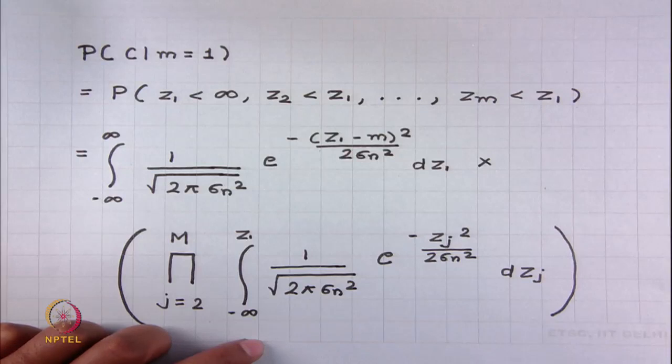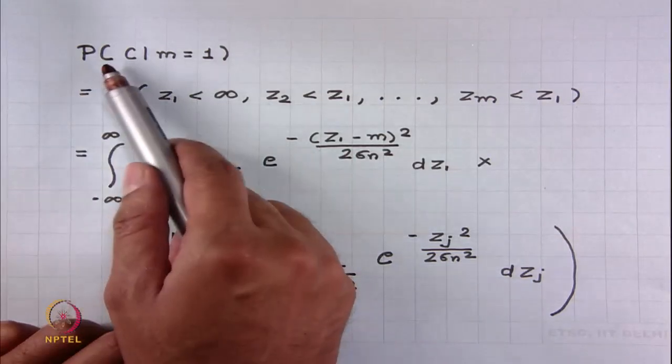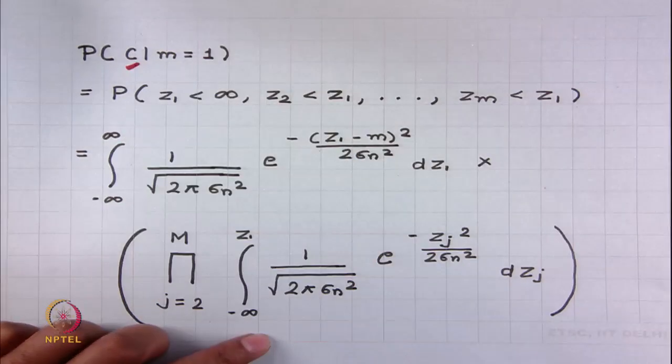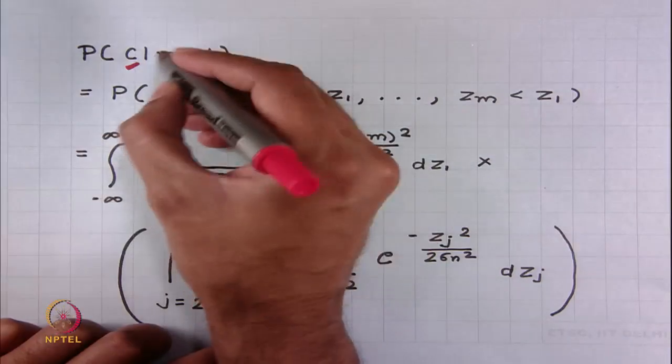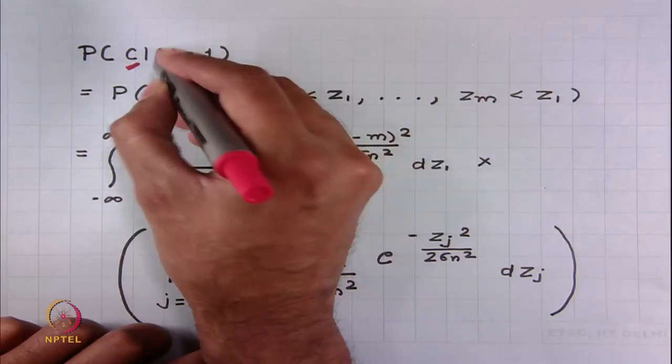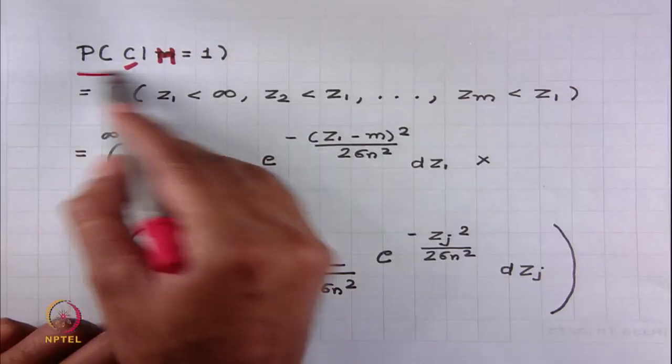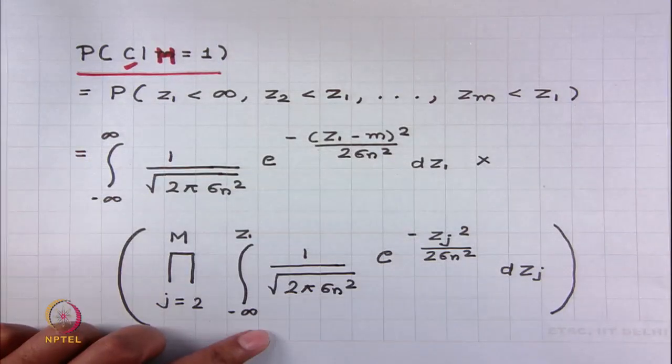Here we are trying to evaluate the probability of being correct when hypothesis 1 is transmitted. Let us use H instead of M. So we are evaluating the probability of being correct if the first hypothesis is transmitted.